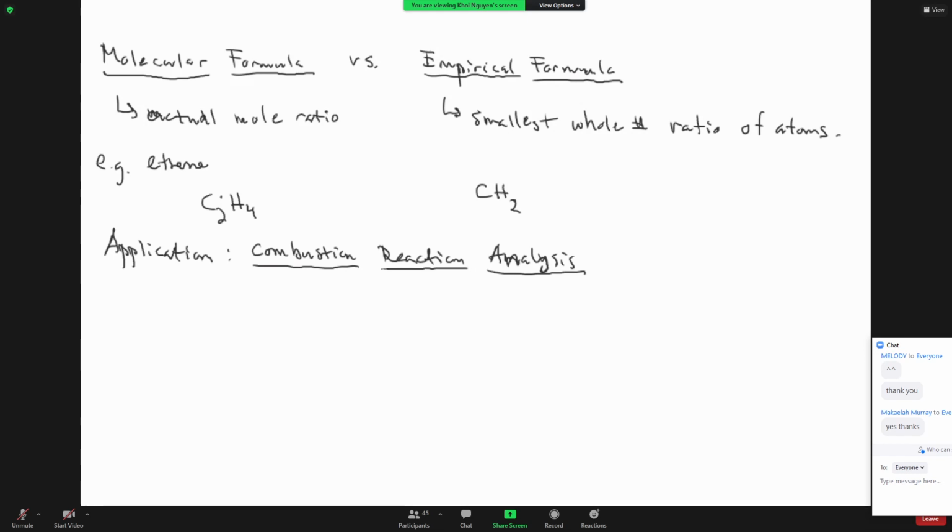So originally, this combustion reaction analysis was used back in the early 1900s to figure out what whale oil was made out of. So this was done back in the early 1900s by Michael Faraday. He would take some hydrocarbons.